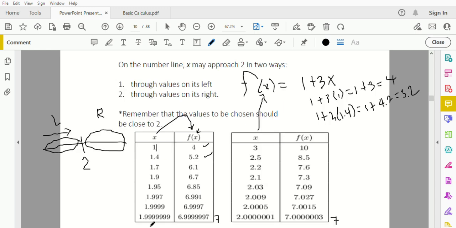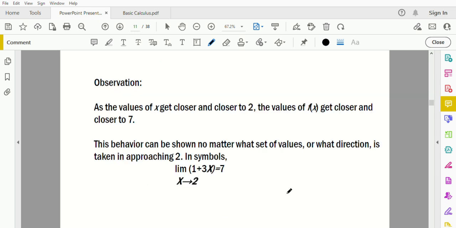You may continue adding more numbers nearer to 2, and the result is still the same: f of x approaches 7. So as x approaches 2, f of x approaches 7. Therefore, the limit of 1 plus 3x as x approaches 2 is equal to 7.